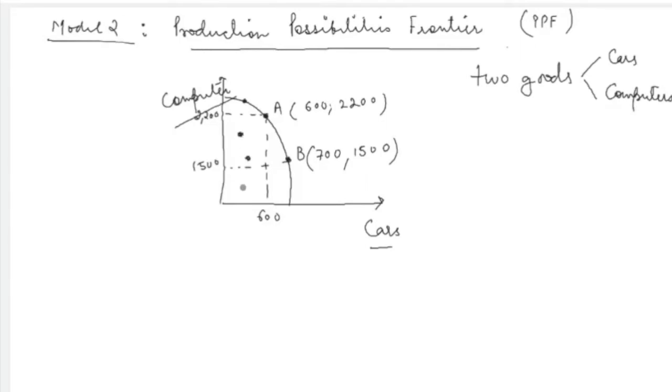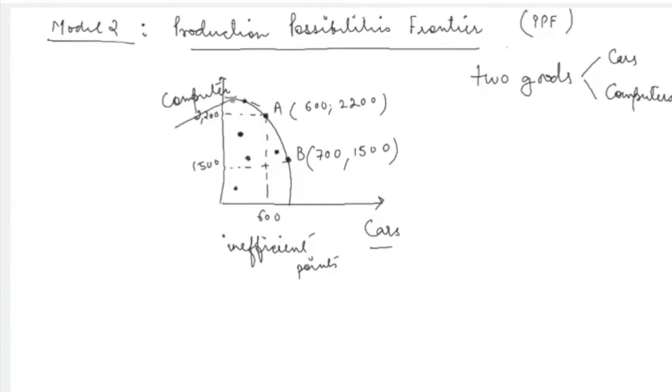So points like these are called inefficient points. The reason being that you are not using your inputs completely. You are not putting your inputs to the best possible usage, and at all of these points you are producing less than the points on the boundary.